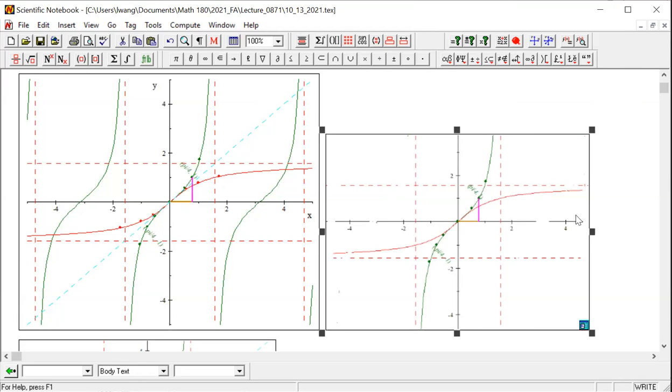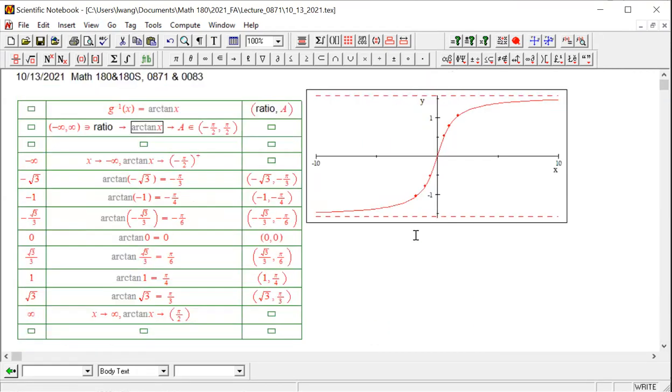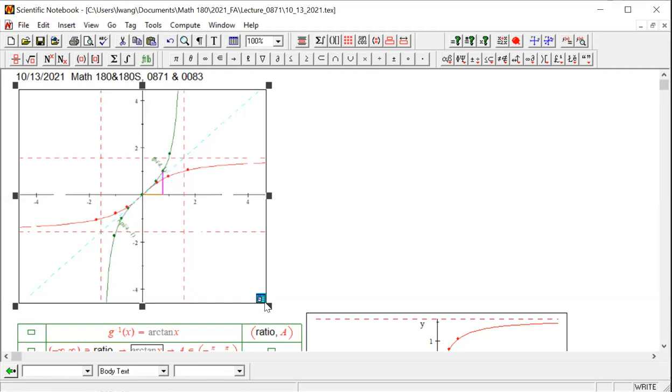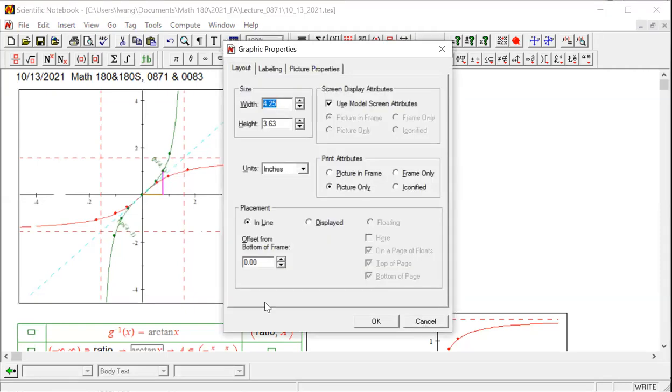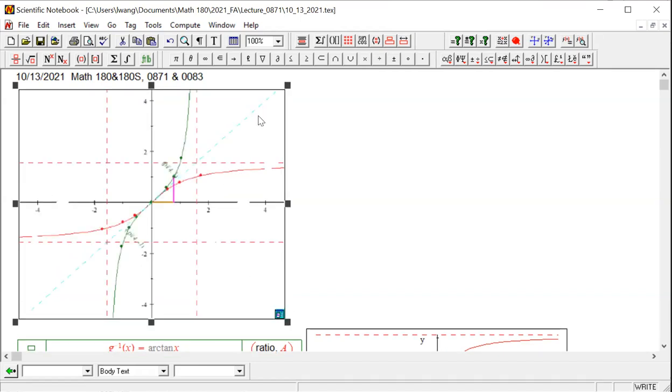So as a result, I'm using a little bit of PS. When we bring these two functions together, we still see that beautiful feature, okay? These two functions that are inverse to each other are symmetrical with respect to the line y equals x, right?